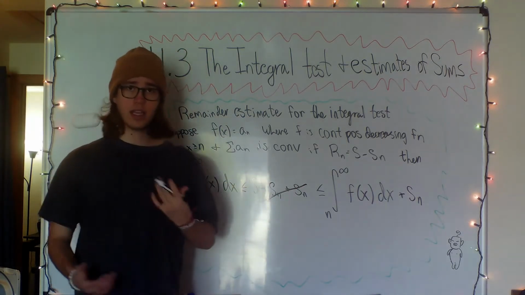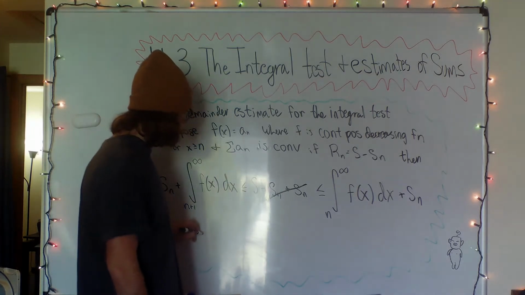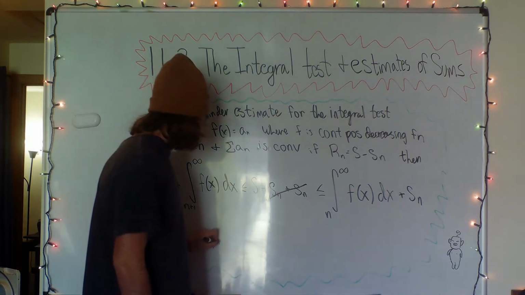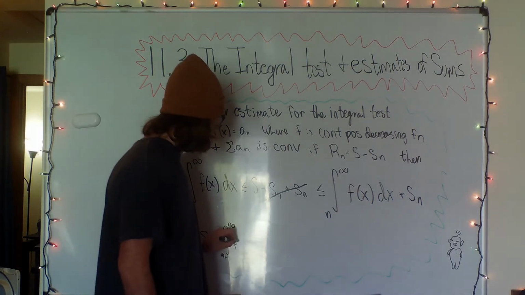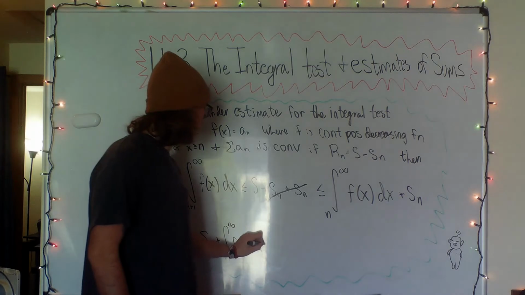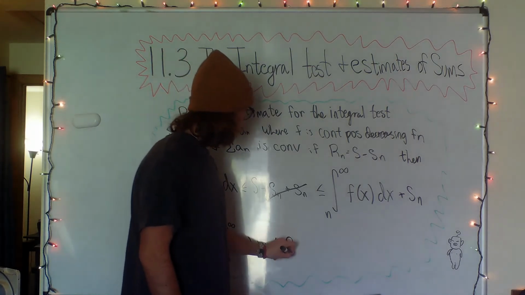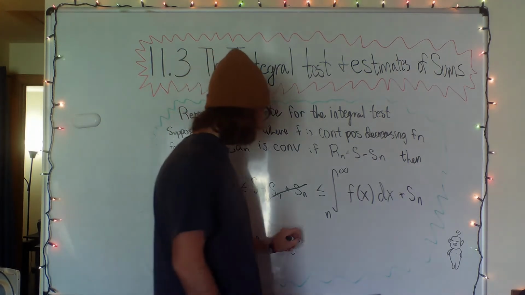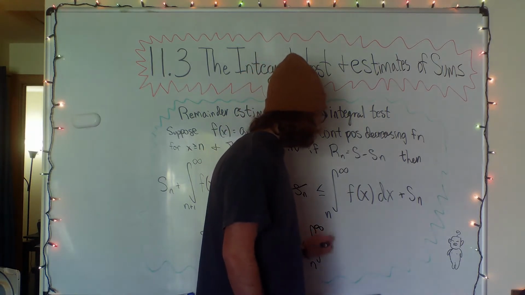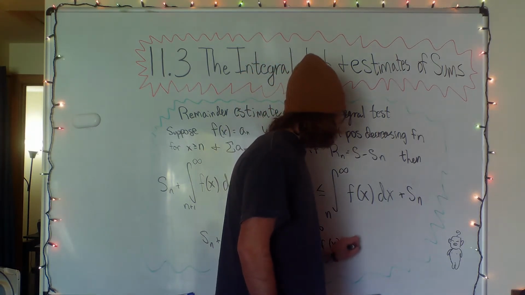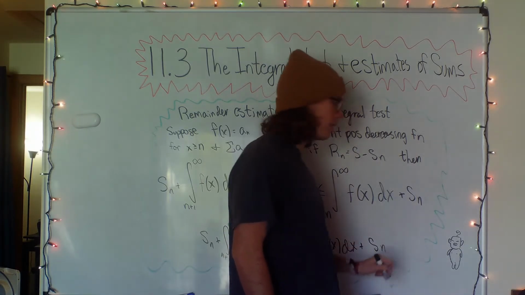Then we get that s sub n plus the integral from n plus 1 to infinity of f of x dx is less than or equal to the actual sum of the series, which is less than or equal to the integral from n to infinity of f of x dx plus s sub n.